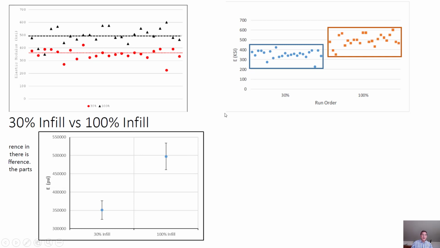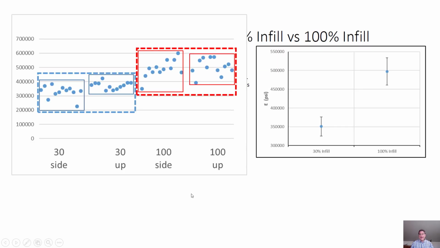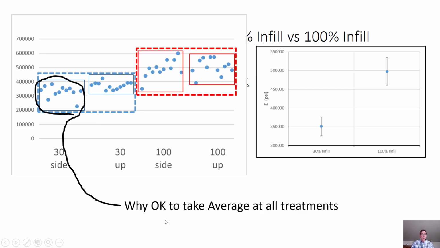Now, again, I still like to see this, but with this. So usually I'll put these two on the same chart to tell that story about the big picture piece. And like I said in the video, I probably would have started with these two charts. I would have shown my big picture this way. One of the key things you want to make sure you do, and that's why this picture is important, is make the case for why it's okay to take the averages for each of those treatments.